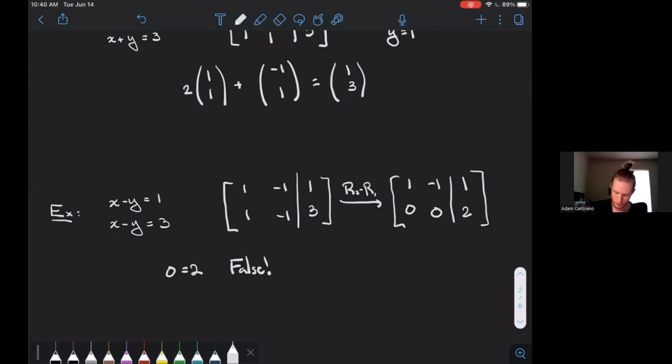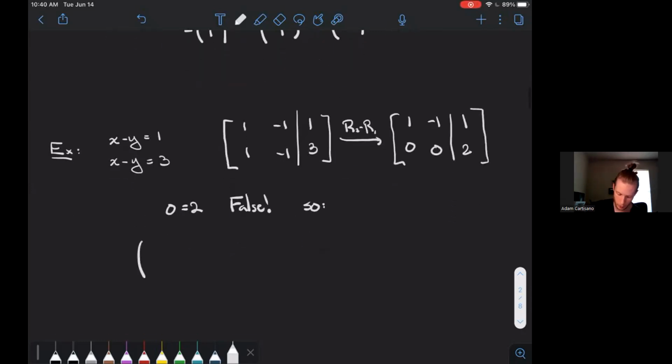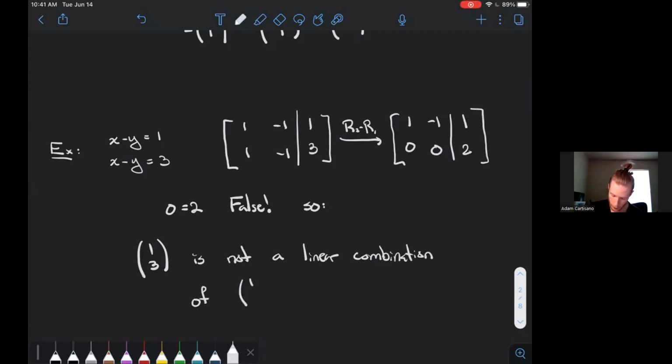And so, by theorem 2.4, (1, 3) is not a linear combination of (1, 1), the columns of this matrix, right? 1, 1, and -1, -1.